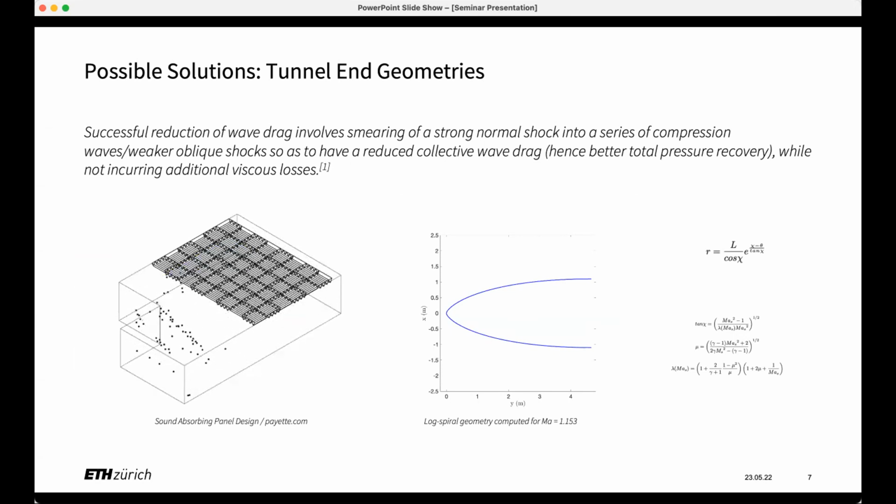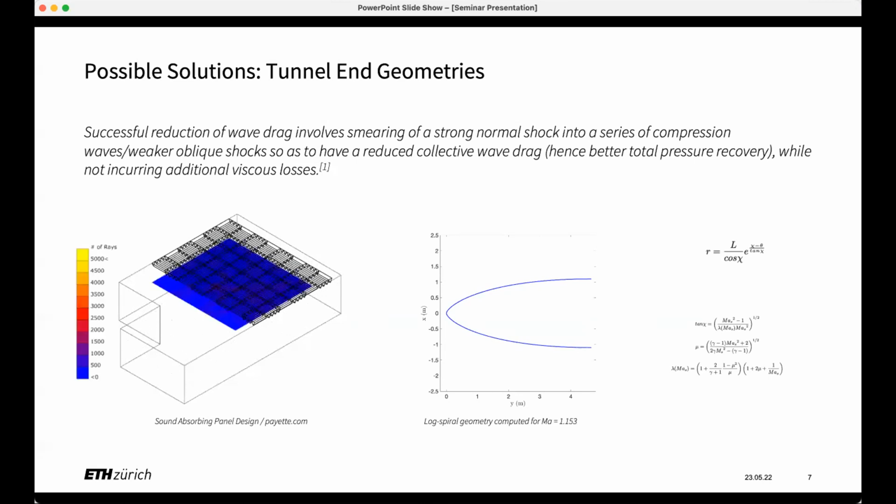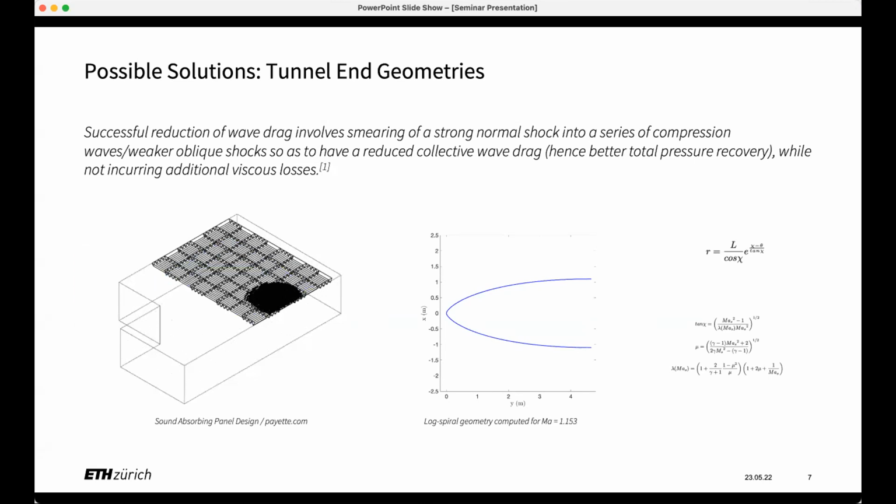And not only is this going to result in a smaller drag increase, it's also going to make a night and day difference for the comfort of the passengers, who would by default experience this almost impact or crash when that shockwave hit the pod.